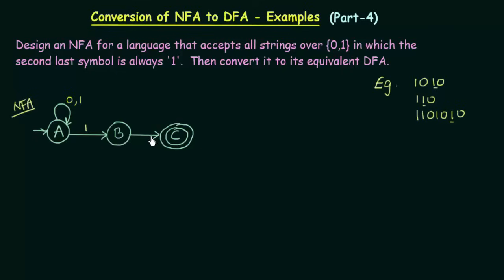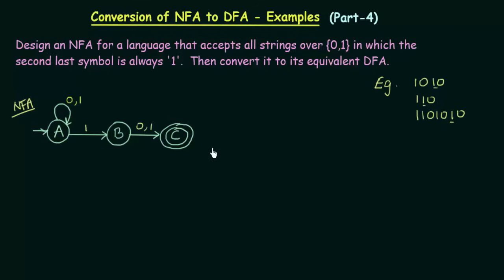Here, I'm only concerned about the second last symbol, which I already got as 1. The last symbol, I don't care whatever it is, let it be 0 or 1, it goes to state C. So now my NFA is complete. I don't have to mention what happens in C because this is an NFA. B and A we have completed.